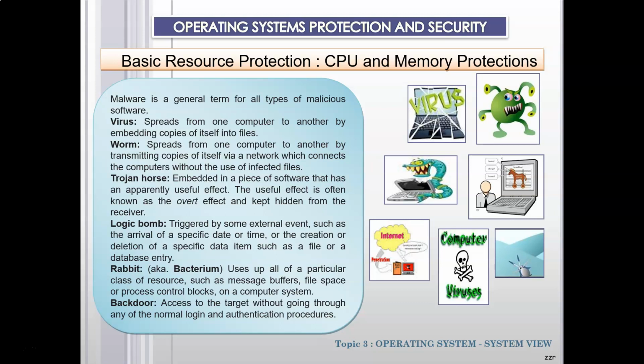At that particular time, your computer will be affected by the virus or worm. A rabbit uses up all of a particular class of resources, such as message buffers, file space, and process control blocks on a computer system. Malware such as the rabbit is something we cannot see and cannot feel, because it happens in the back in our system resources.